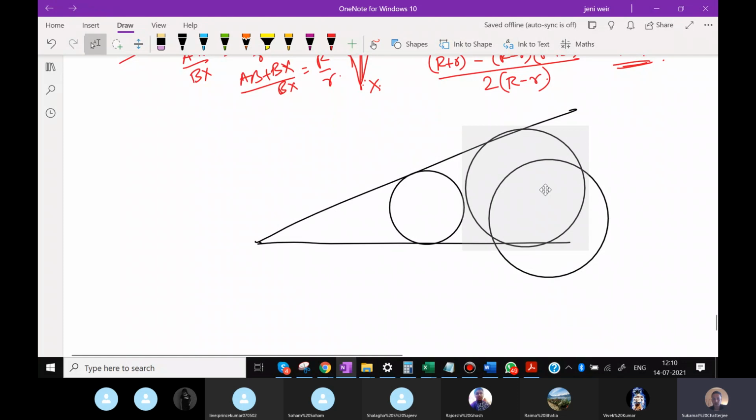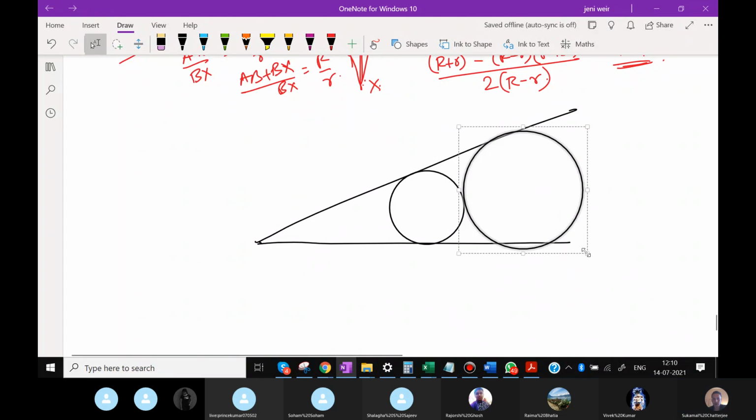This is your circle 2. It's easy to visualize in this.